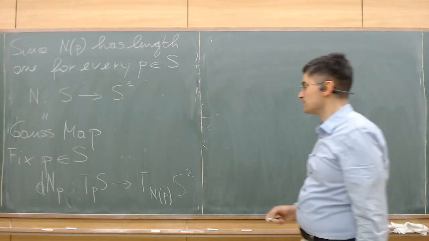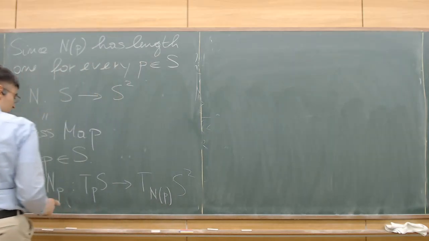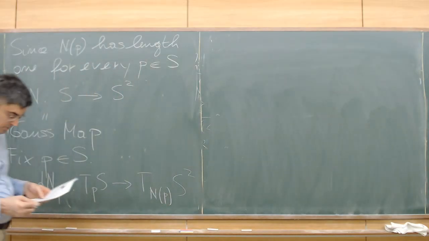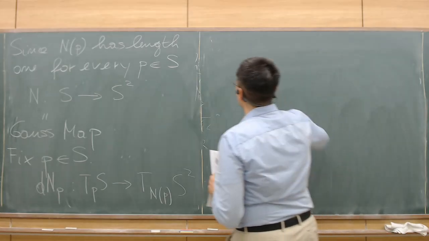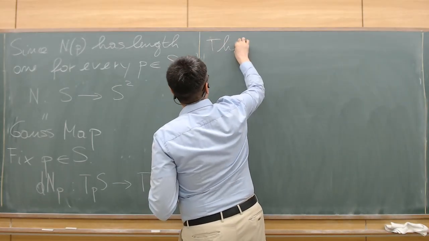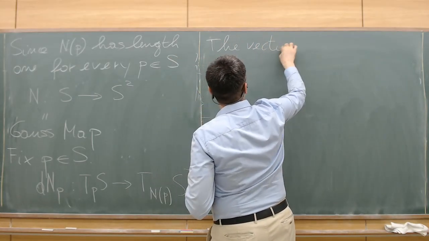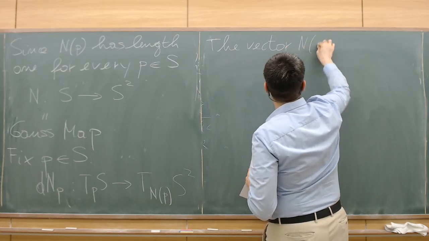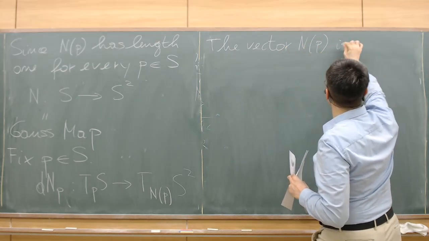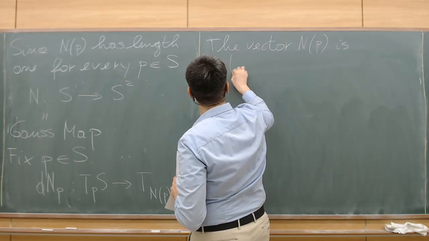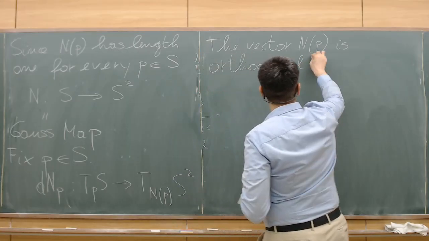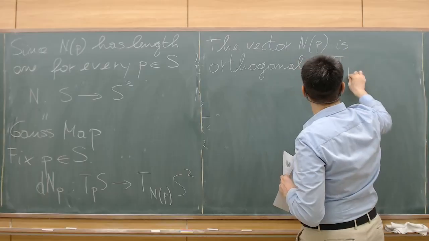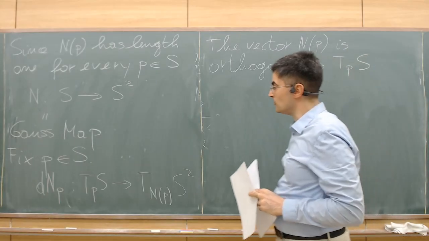Now let's observe what follows. The vector N of P is orthogonal to T_P S. Why?